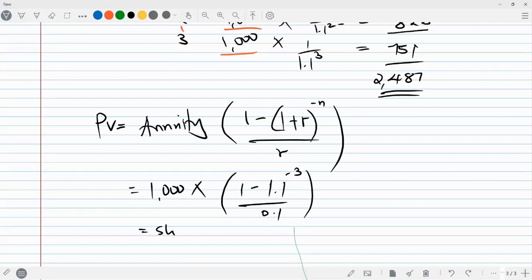What do you get? You get 2487. That becomes the present value. So it's much easier to use a formula in case you have a lot of annuities that you want to discount. Clear?